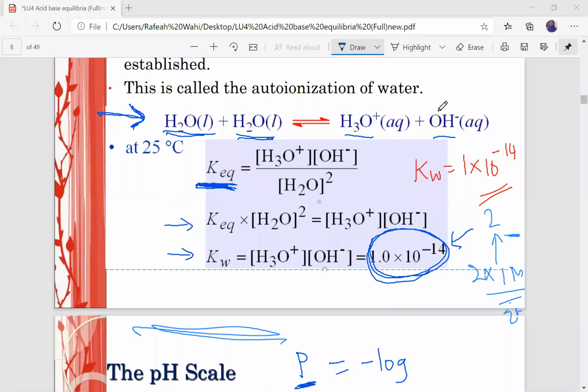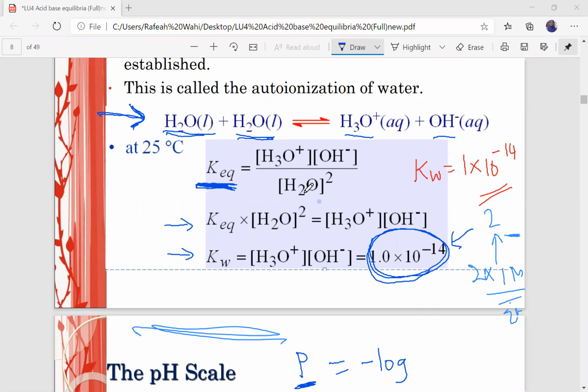So from there, you put it into the equation. This one will be explained more in the second part of the lecture. Please check it out. So Keq is equal to the concentration of the hydronium ion times the concentration of the hydroxide ion divided by the concentration of the water.